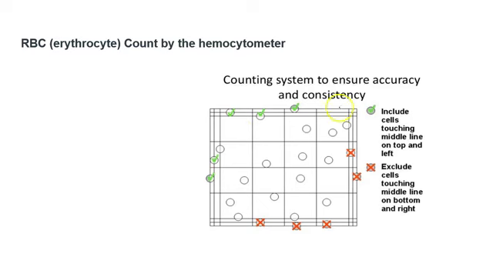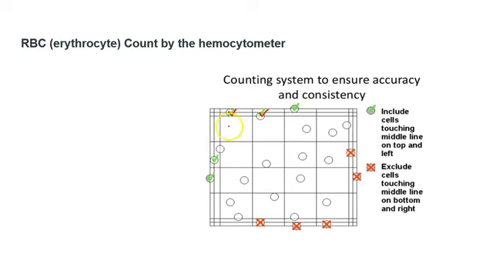So you can see here our square or quadrant, and you can find all these red blood cells inside. We are going to count them, but be careful about the cells on the top, left, right, and bottom edge. So look here. This one is found on the first line.